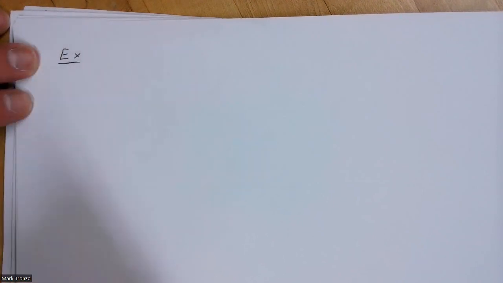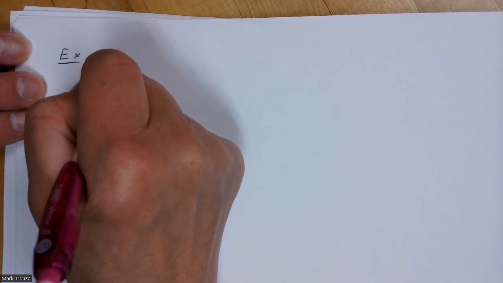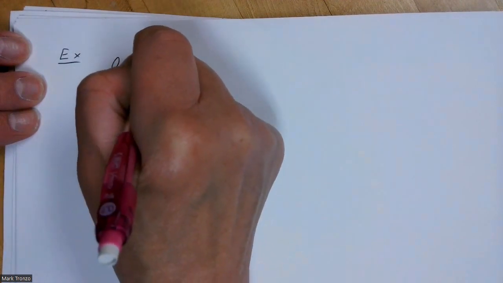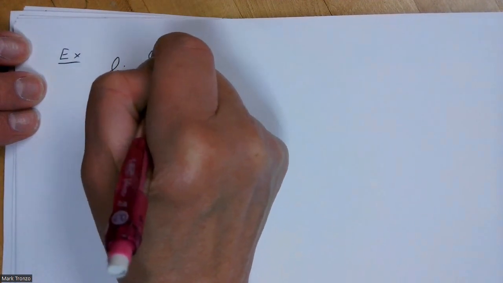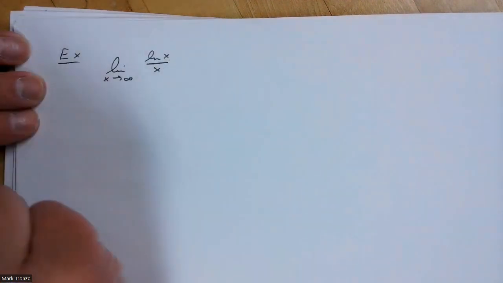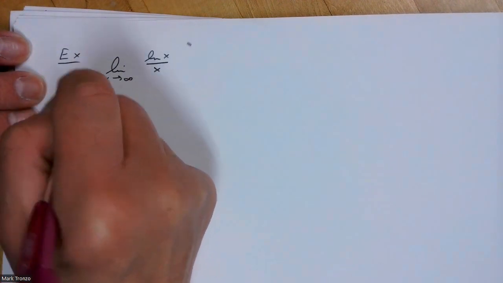Let's take a couple of examples from the text. So let's consider this. The limit as x approaches infinity of log of x divided by x. You can see that this is going to be infinity over infinity.